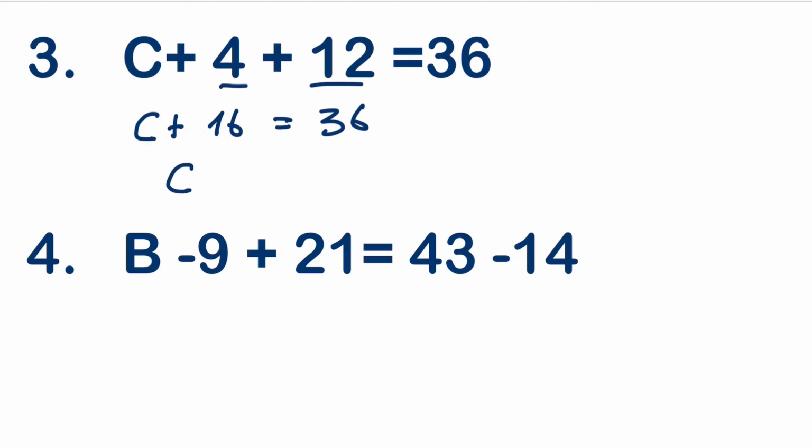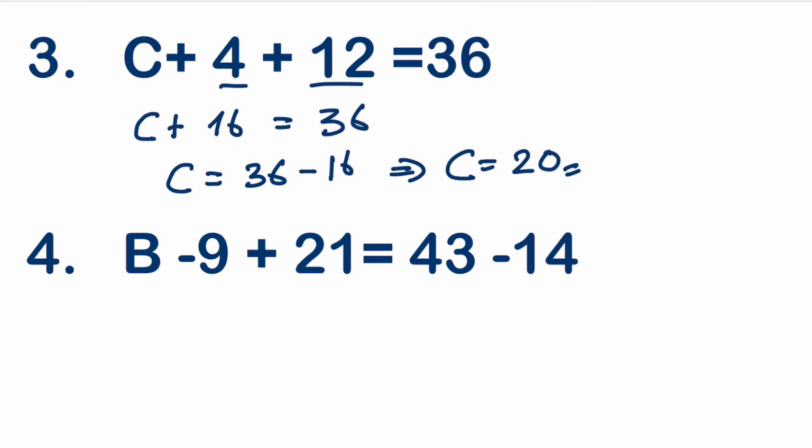So if c is alone, then we are going to have 36. This is plus 16. When it crosses the equal sign, it becomes minus 16. So this implies c will be equal to 20.